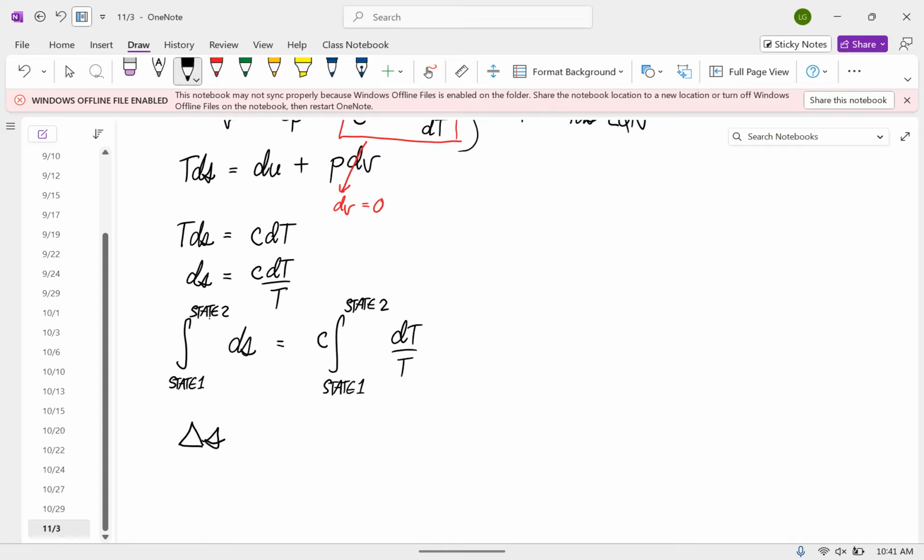And if you integrate this one, you get natural log of the absolute value of temperature. But remember, this temperature is always positive. Well, so let me write it out. And this is evaluated from T1 to T2.